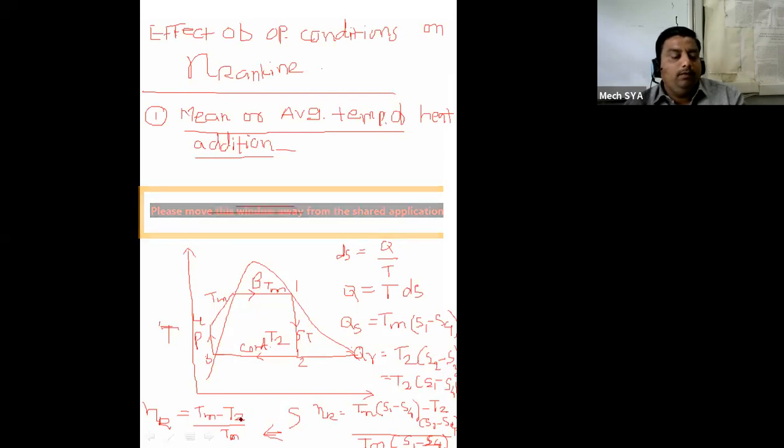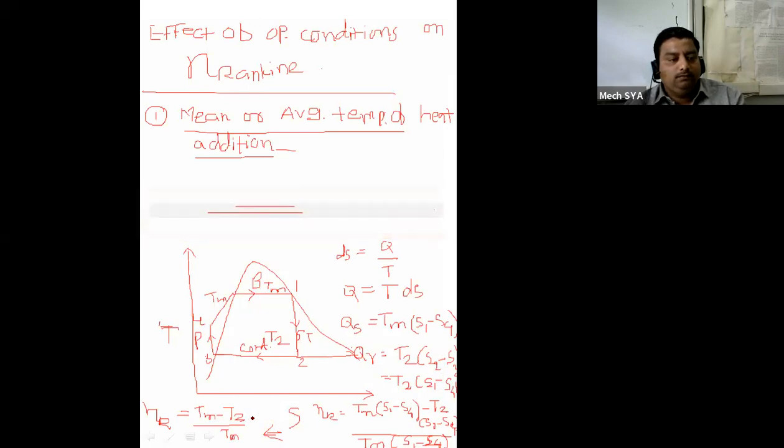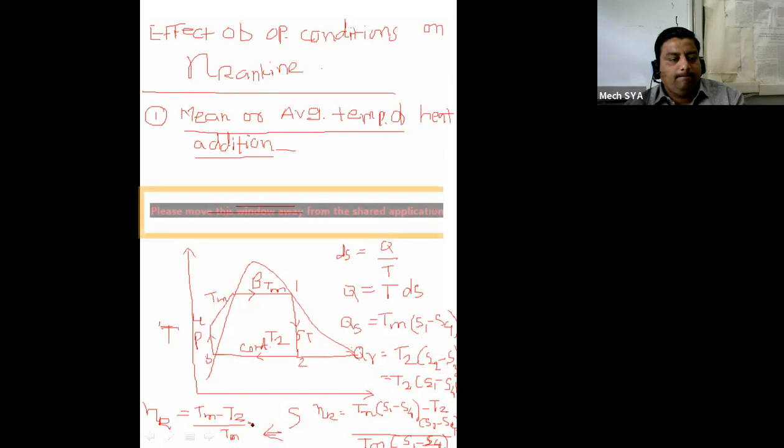Or it is equal to 1 minus T2 divided by Tm.